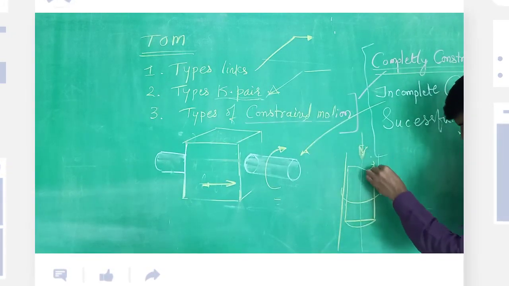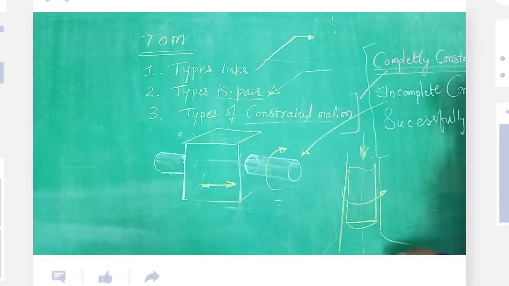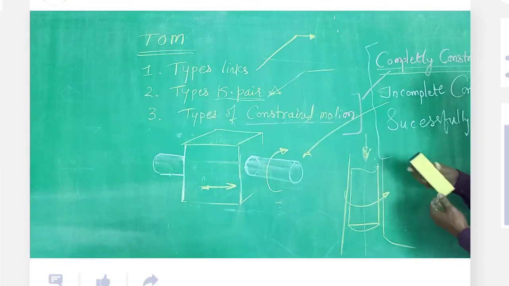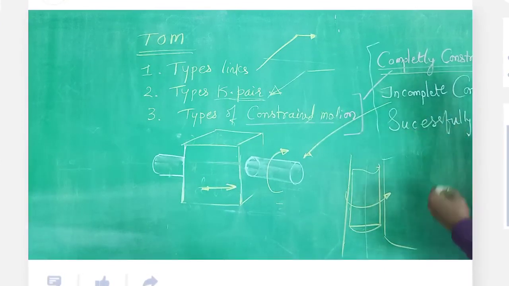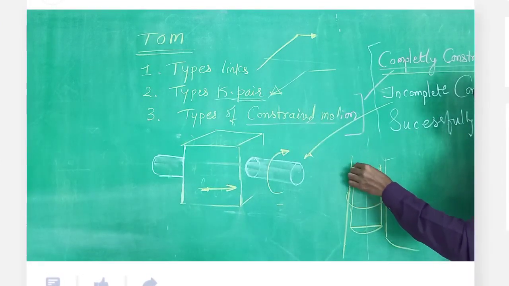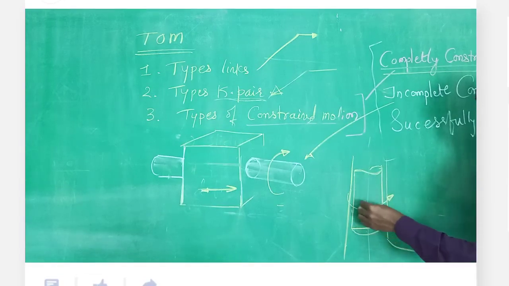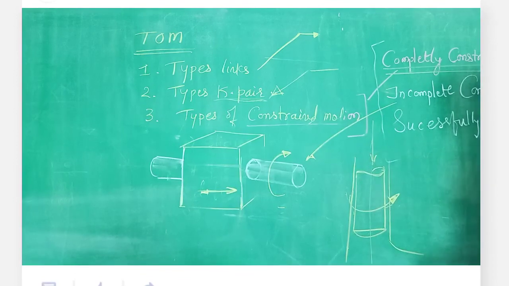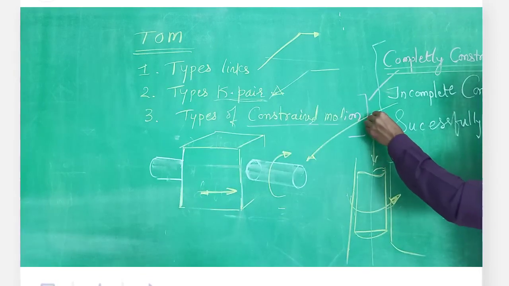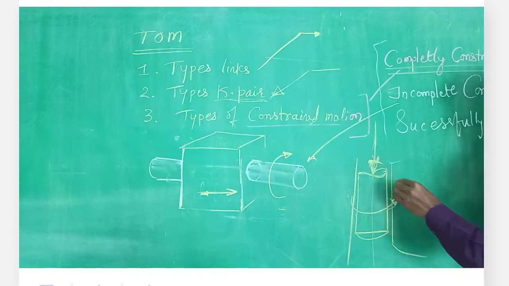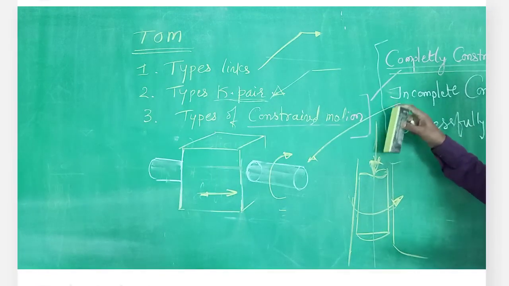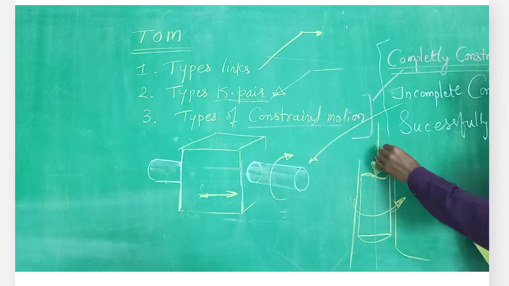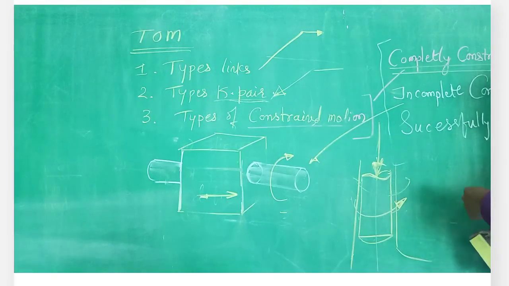Let us say there is a cylinder, and this is the piston. Until you apply a force on the element, this shaft can give both motions, the rotary motion and also the translation motion. When you apply some external force on it, it stops making the up and down motion, right? It will stop and start only giving the rotary motion.